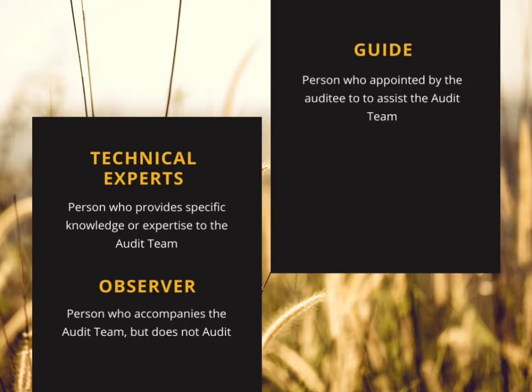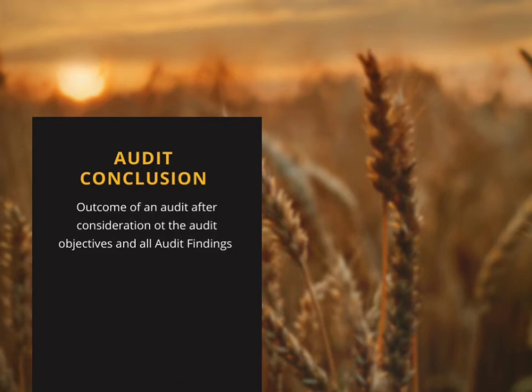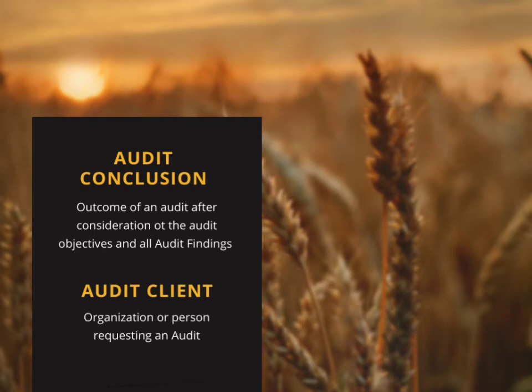Next, audit plan, meaning the description of the activities and arrangements for an audit. Continue with audit conclusion, defined as the outcome of an audit, after consideration of the audit objectives and all audit findings. Audit client, defined as the organization or person requesting an audit.